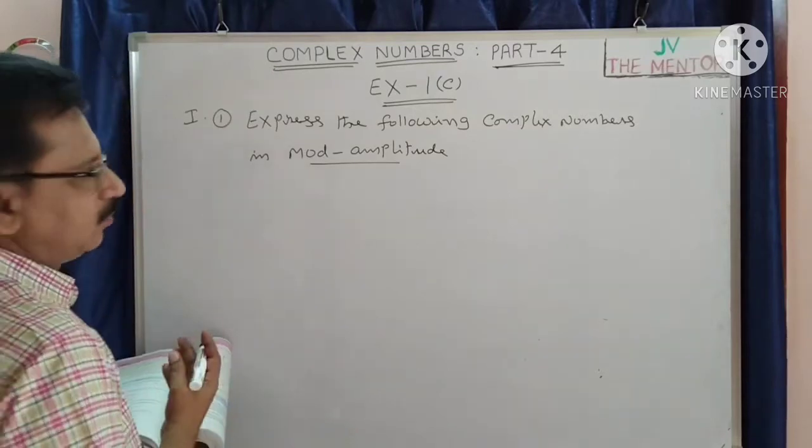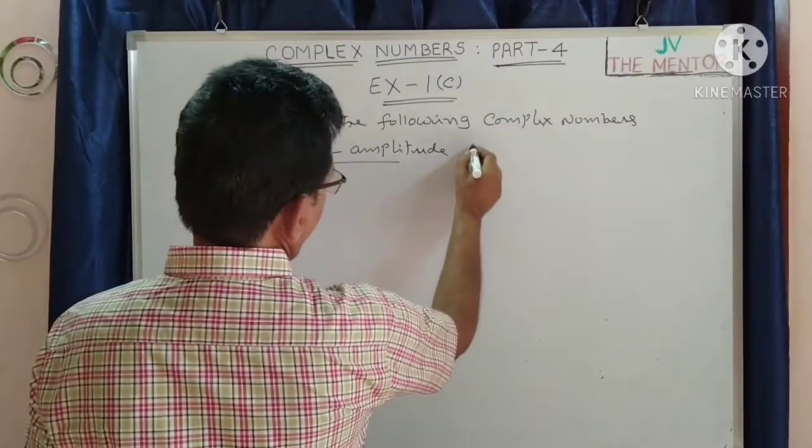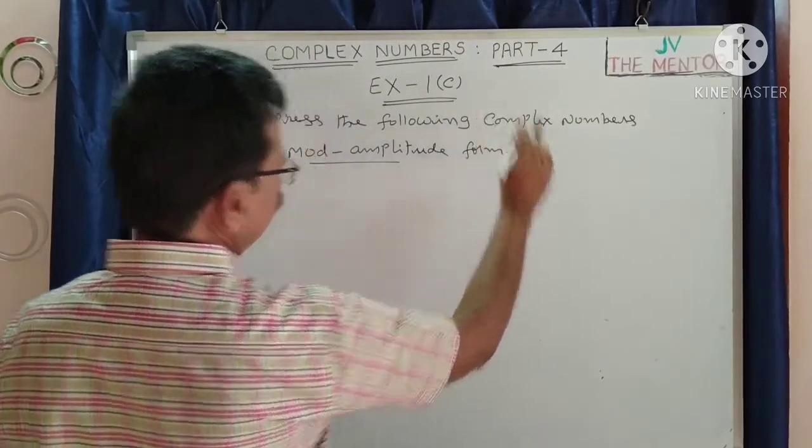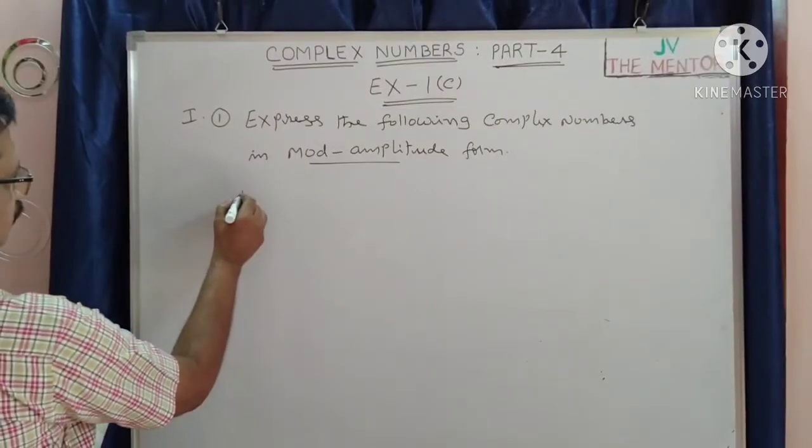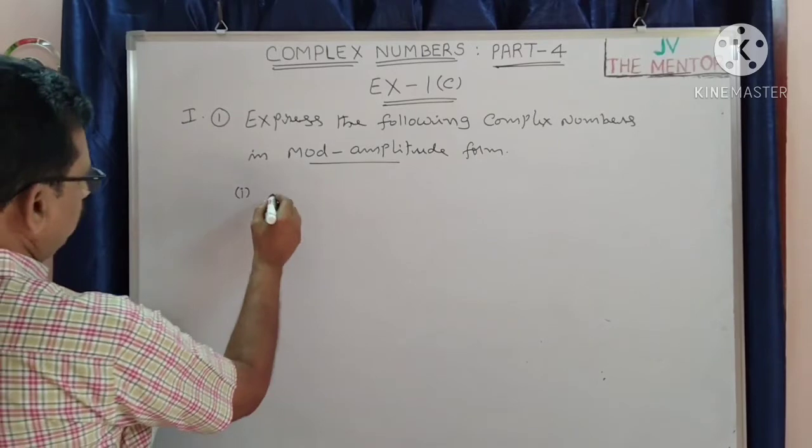Modulus amplitude form, that means mod amplitude form. Okay. First one is 1 minus I.